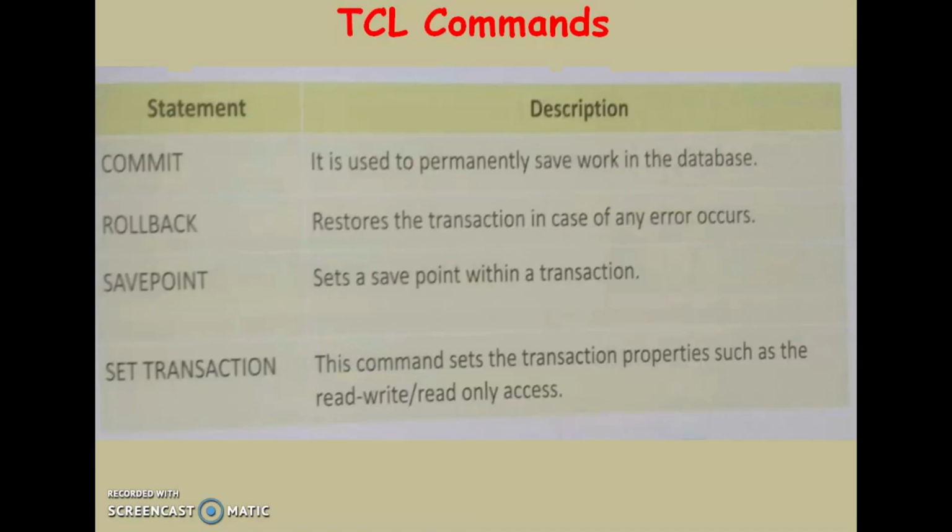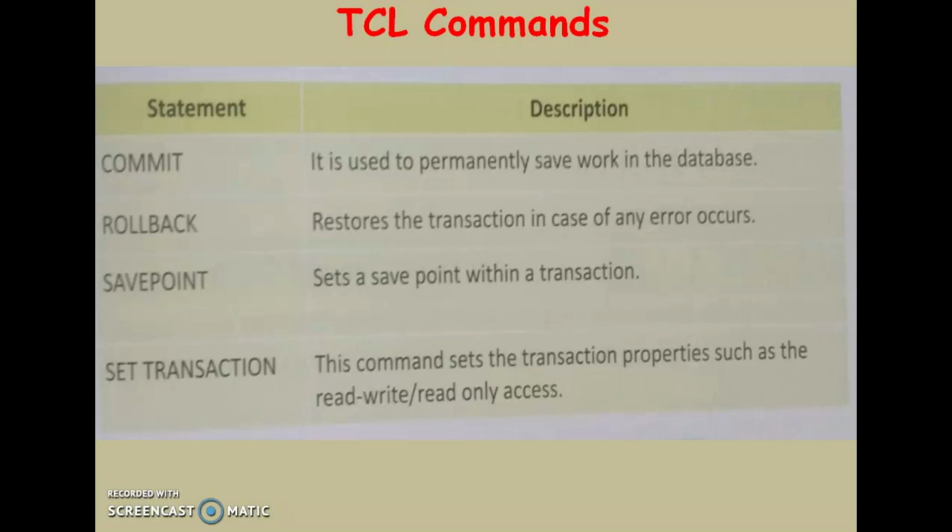Then the next is TCL commands, Transaction Control Language. This category includes those commands which control and manage the changes that affect the data present in the database. The commands are commit, rollback, save point, and set transaction. Commit.